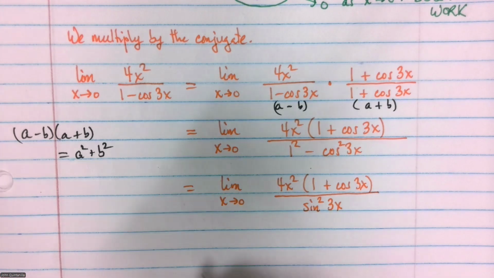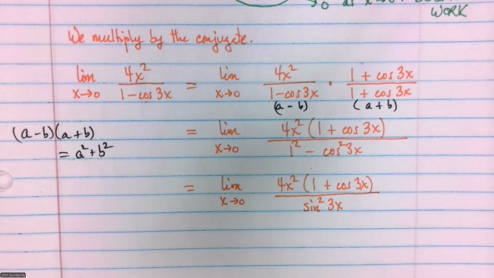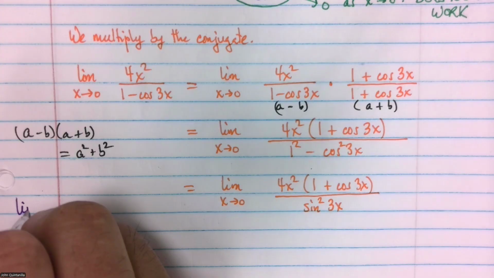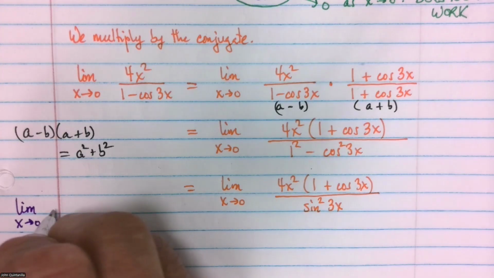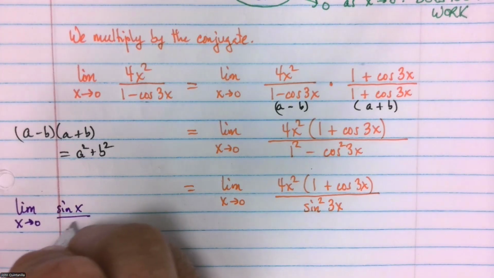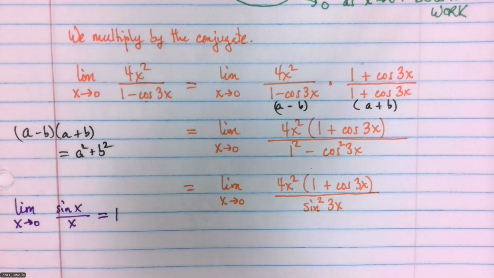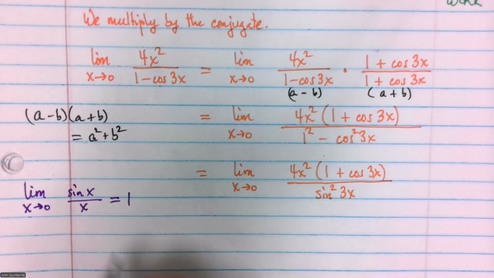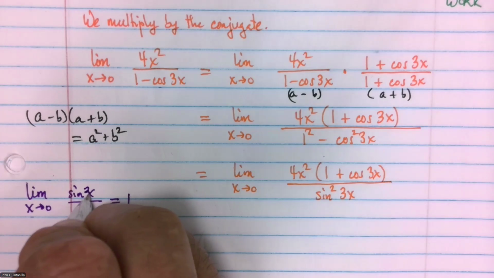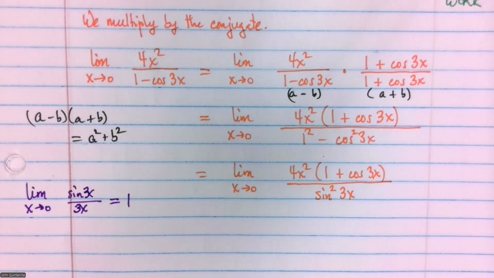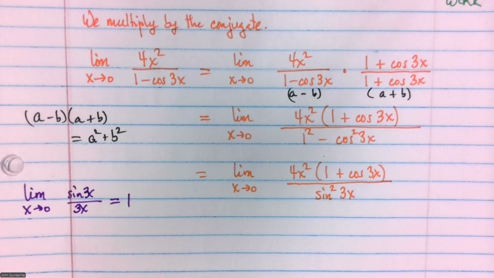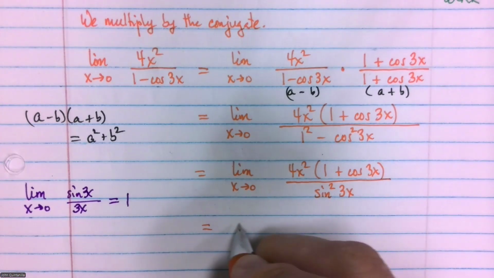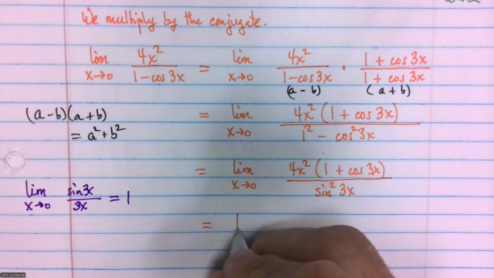Okay, now we're getting somewhere, because one of the limits that I have in my back pocket is that the limit as x approaches 0 of the sine of x divided by x is equal to 1. And I can change this x to 3x, and that limit will still be equal to 1 because 3x goes to 0. Both of those go to 0 at the same rate. So I will rewrite this limit with the purple fraction in mind here.